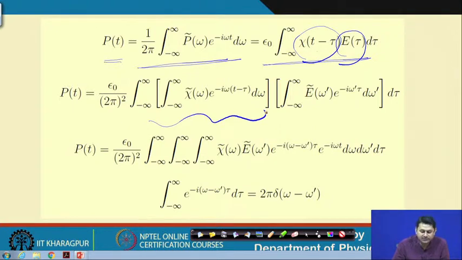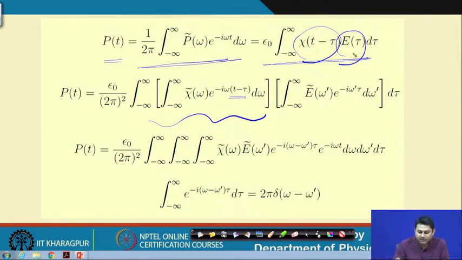If I make the Fourier transform of chi(t minus tau), then I should have chi tilde omega, the Fourier component, then e to the power i omega, and whatever the argument is, t minus tau should be written here. One should be very careful to write it, because I am not taking the Fourier transform of chi(t) but of chi(t minus tau). So, this t minus tau value should be here. So, I am making one Fourier transform.